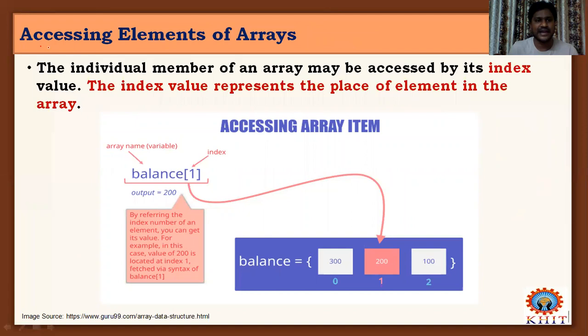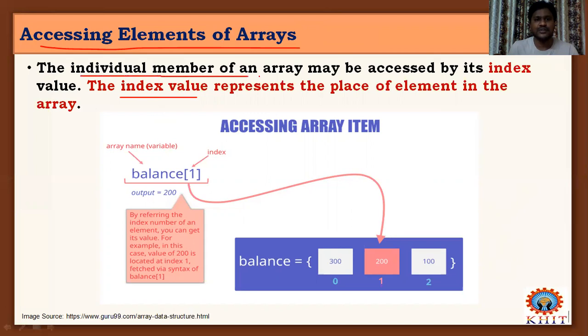Next topic is accessing elements of an array. How to access elements of an array? We know that every array element has its own index. From the logical point of view, every memory location has an address to access it. In the same way, we consider the address of memory as the index of an array to access its elements.